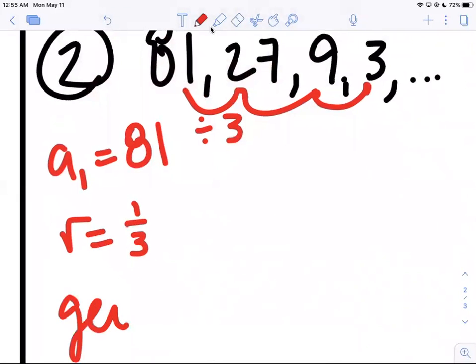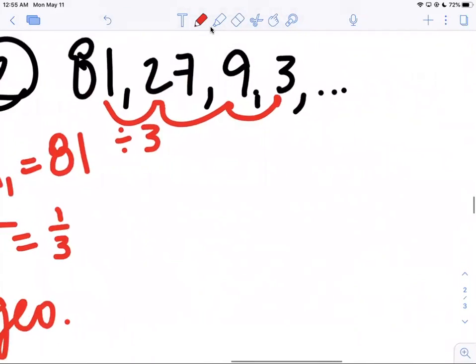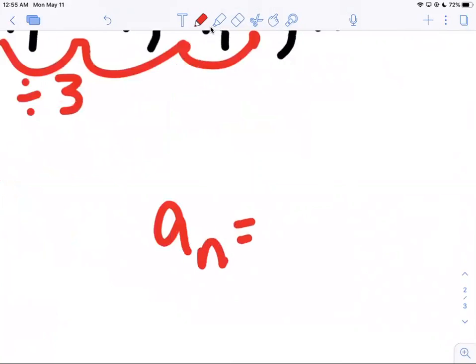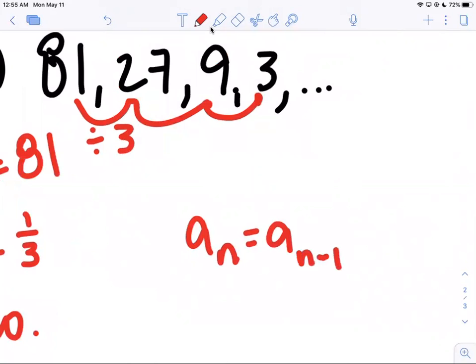And we know it's geometric because we're dividing or multiplying, not adding and subtracting. And then again, simply like, what did you do to get from one term to the next? How do we get our a sub n term? Well, we take the term in front of it, our a sub n minus 1, and we multiply it by 1/3.